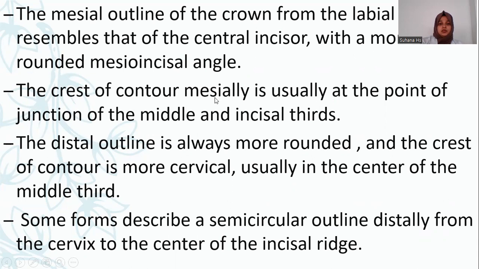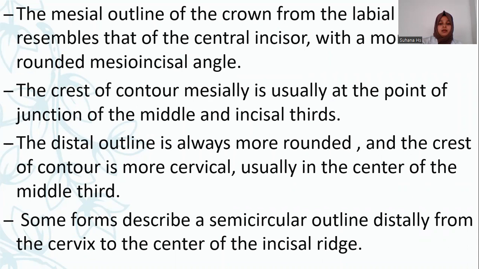The crest of contour is usually at the point of junction between the middle and incisal third. The crest of contour, or the contact area of the mesial aspect, is at the junction of the middle and incisal third. In the case of the distal outline, which is more rounded, the crest of contour is more cervical, and some forms describe a semicircular outline distally from the cervix to the center of the incisal ridge.